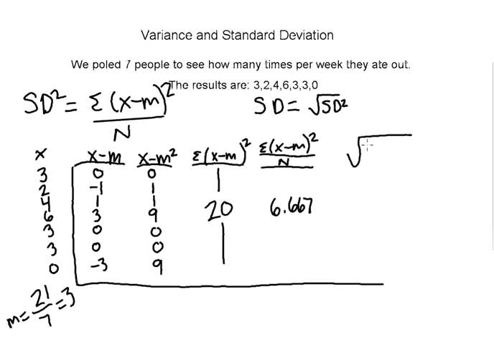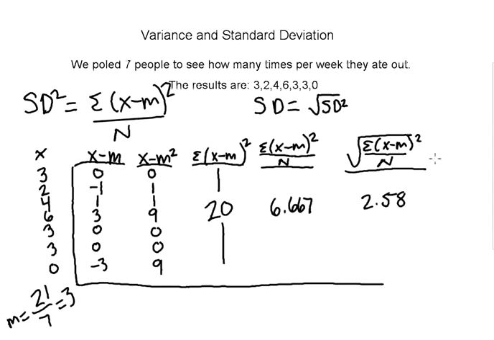The square root of the variance, or the square root of the sum of all the scores minus the mean, squared, divided by the number of scores, equals 2.58. Really all we did was take the square root of 6.667 to get 2.58.